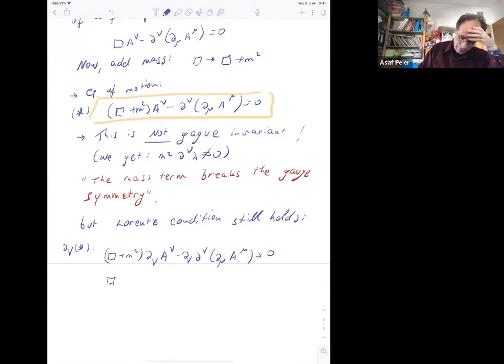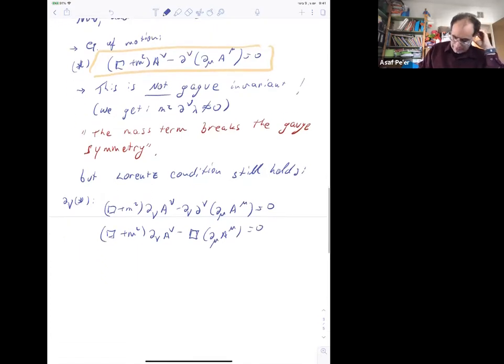That's just the D'Alembertian plus m squared d_nu A^nu minus the D'Alembertian of d_mu A^mu, which is equal to 0.